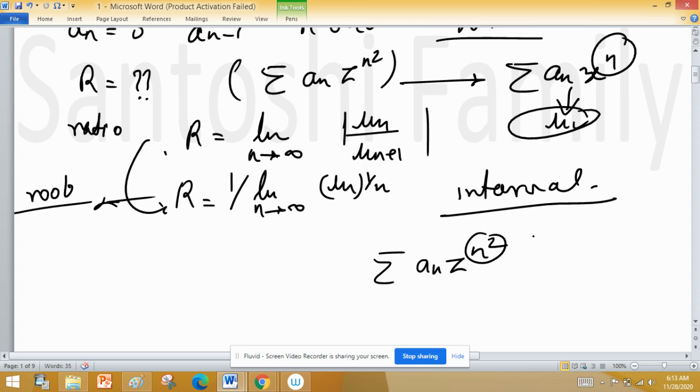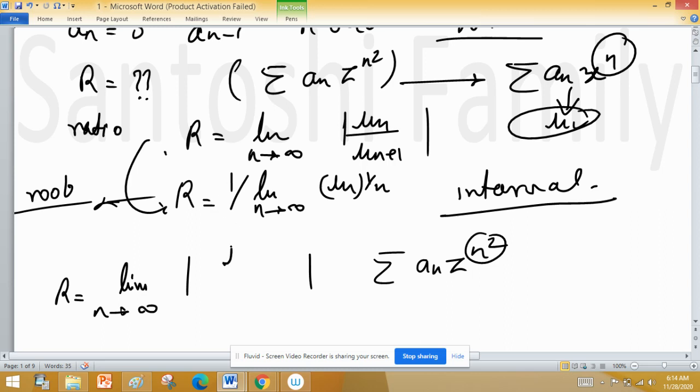So I'm going to use the ratio test here. R equals the limit as n tends to infinity, and I'm taking the modulus because I don't know for which values of z the series terms are positive or negative. It may be an alternating series, and we can apply the ratio test only for positive terms. So I put the mod bar here.